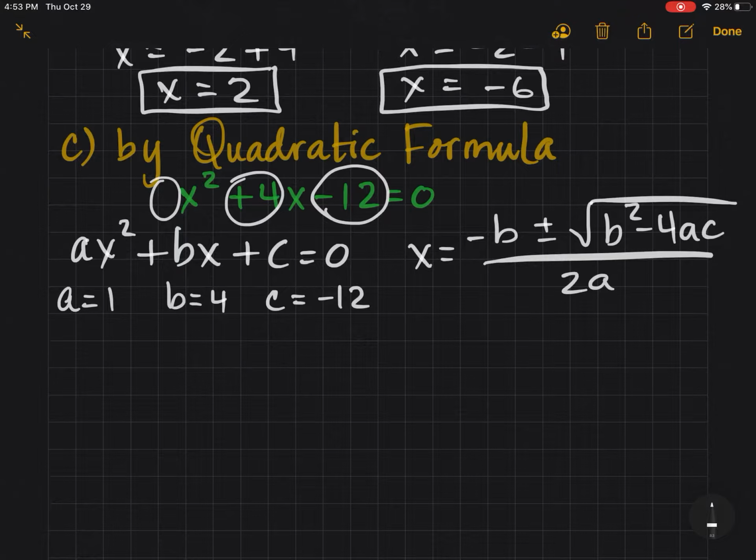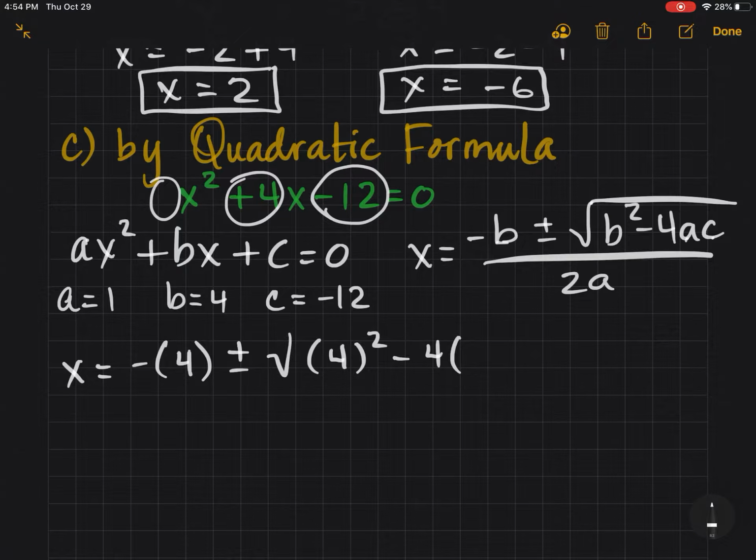So now I'm going to plug in a, b, and c into this formula. So here we go. Negative 4 goes in for b, plus or minus. And now you'll notice that I always put everything in parentheses. Just helps me not make as many careless errors.